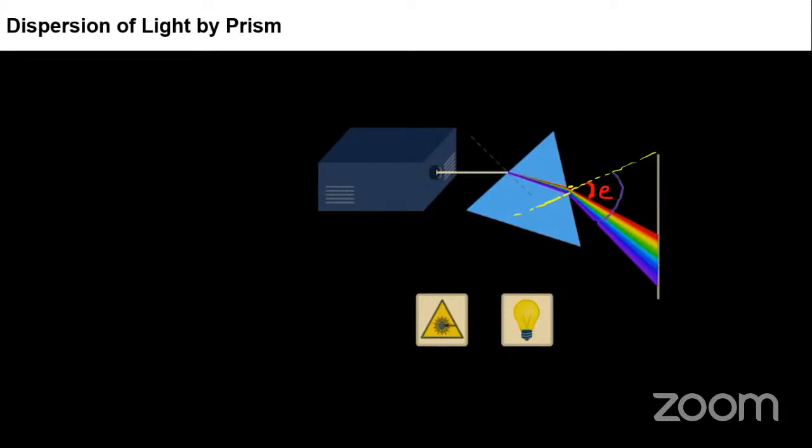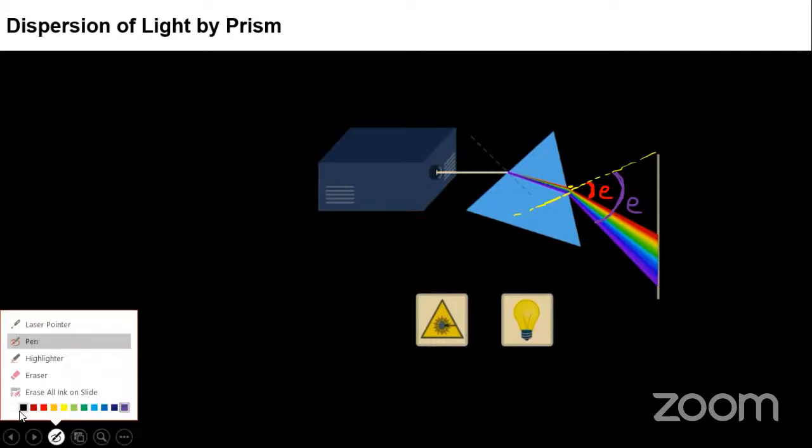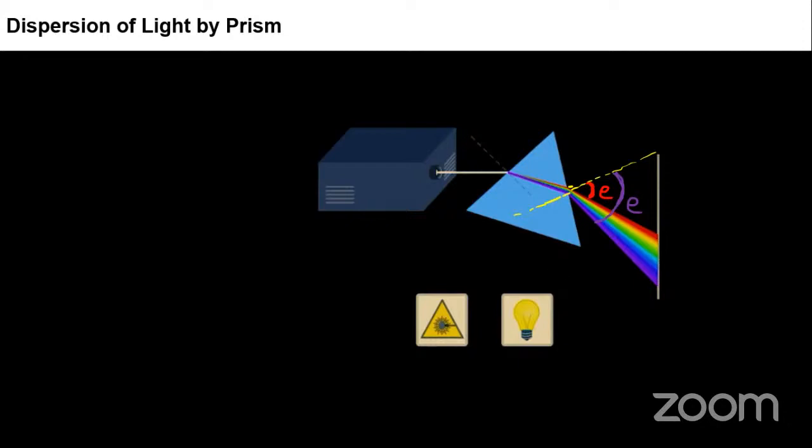This will be the emergent angle for violet, so I have drawn the violet emergent angle as E violet, and the red color emergent angle as E red. Now you see here that the violet color emergent angle is greater than the red color emergent angle.